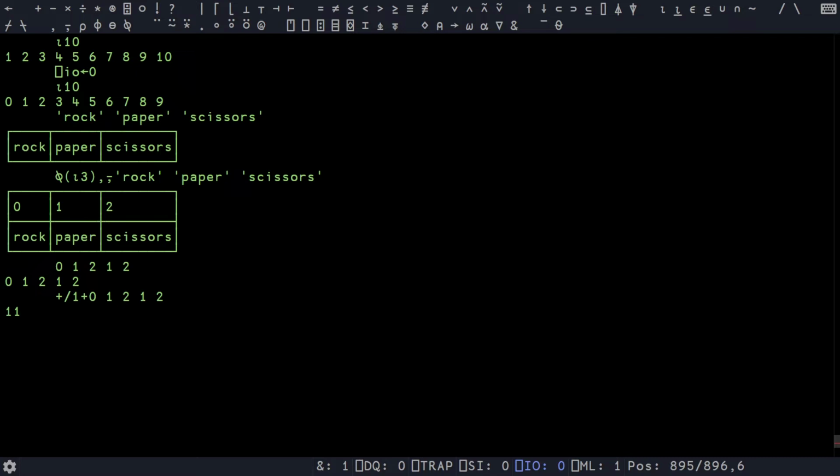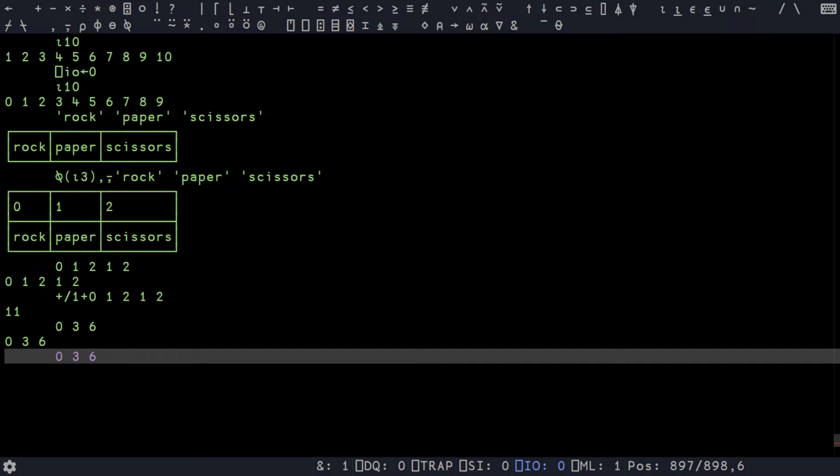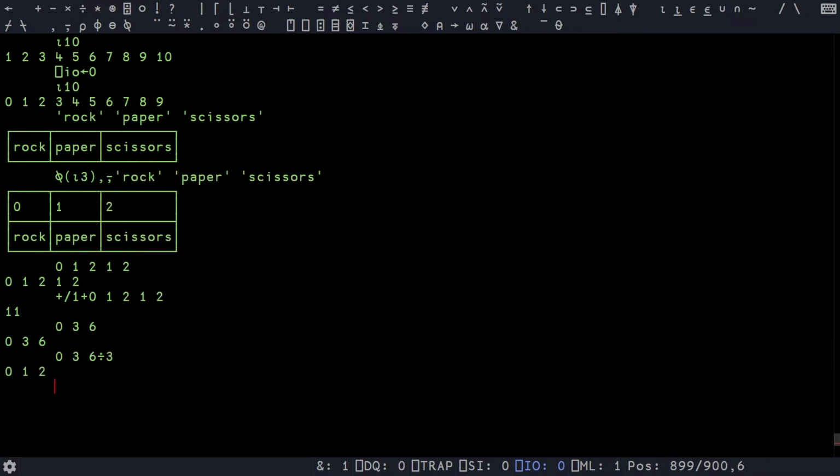And if we look at the game results, we have the following scoring. We have 0 points for a loss, 3 points for a draw, and 6 points for a win. And the interesting thing is that if you just divide these by 3, you get the same range of 0, 1, and 2.